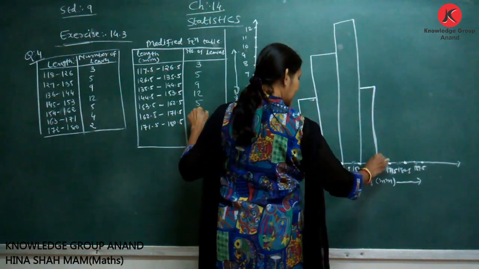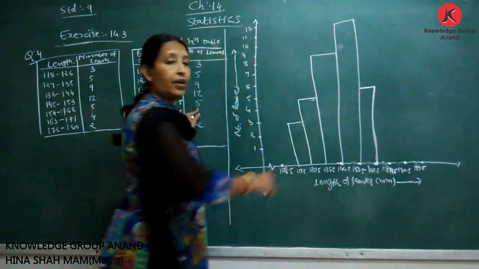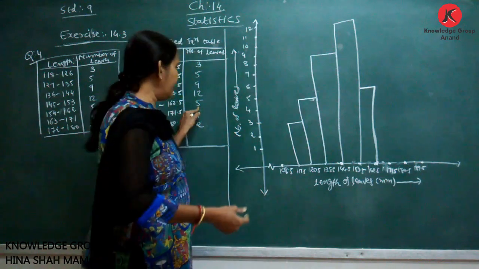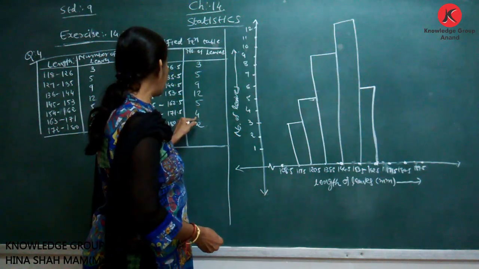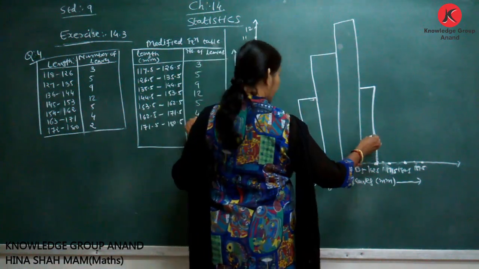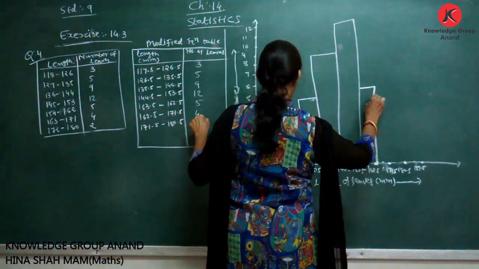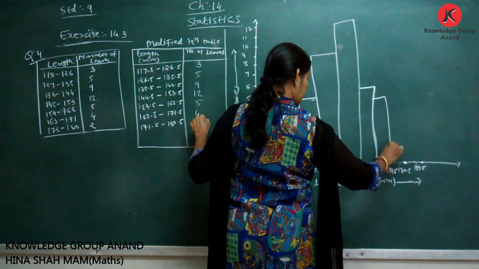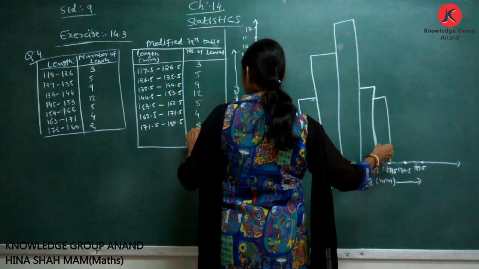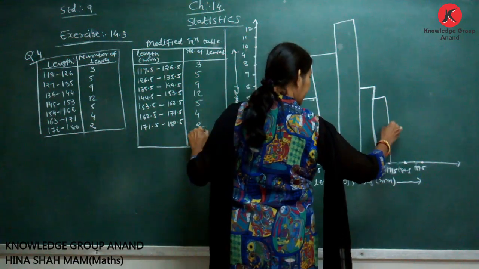In your graph, the width of the rectangles is the same. Then 171.5 to 180.5, it is 2.